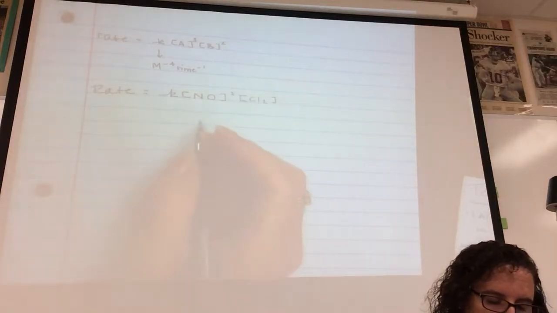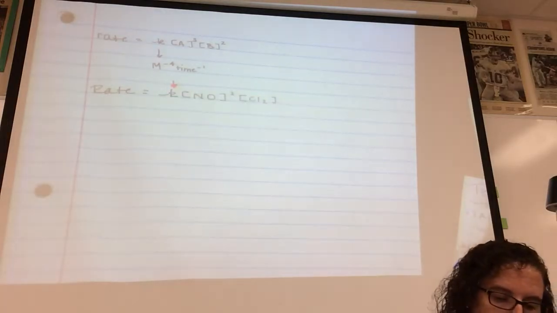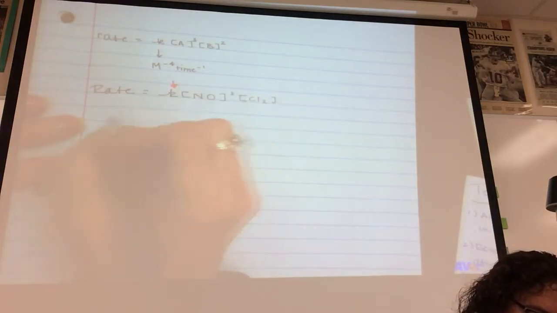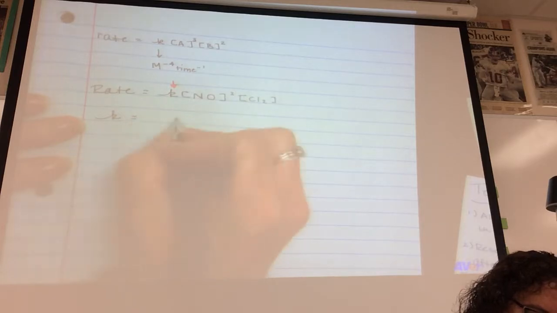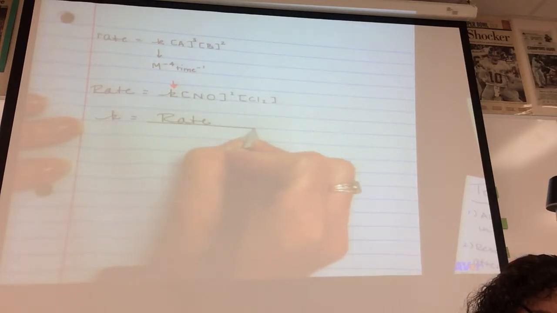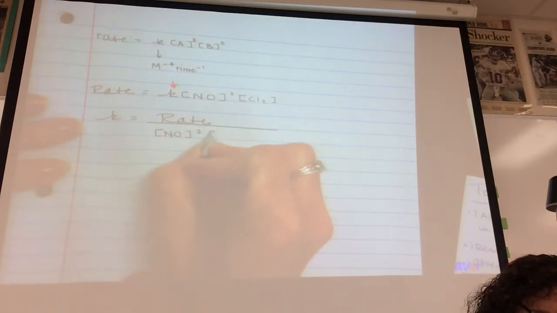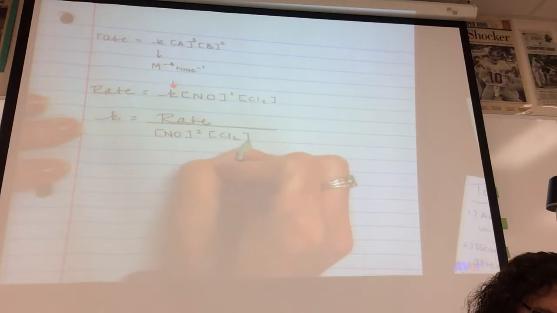If we wanted to calculate K, we would solve for K. So K is equal to the rate over nitrogen monoxide squared times chlorine gas.